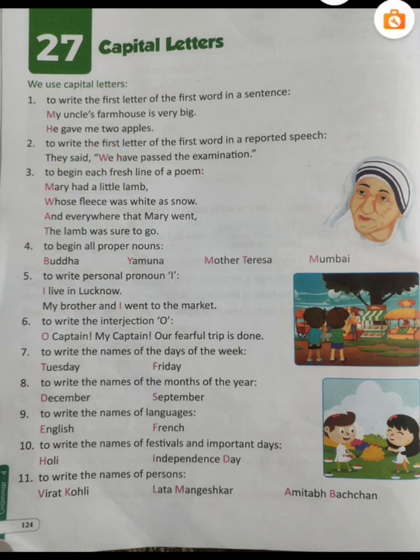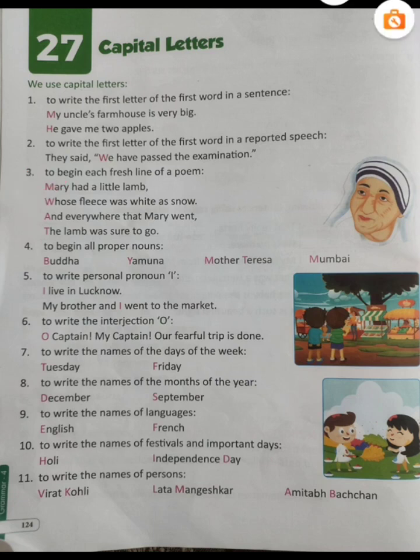Then now rule number 3, to begin each fresh line of a poem. We should use a capital letter to begin each fresh line of a poem. When you write a poem, always begin each line with a capital letter.